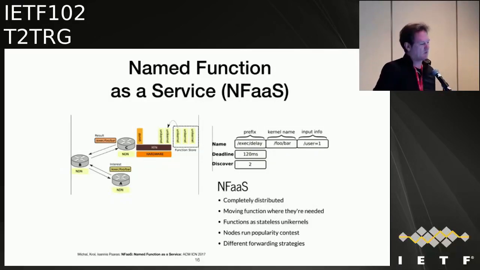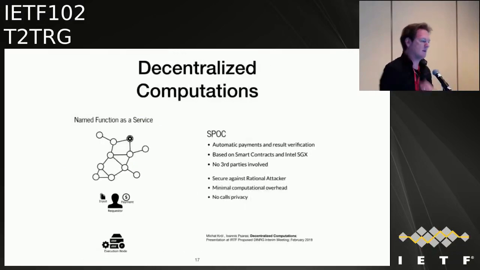If you scale up these systems and think about this multi-tenancy idea, you probably want to use your resources efficiently. So maybe you have an economic model that allows you to assign a cost to computation. The next step they did is they developed an approach called SPOC, secured payments for offloading computation.